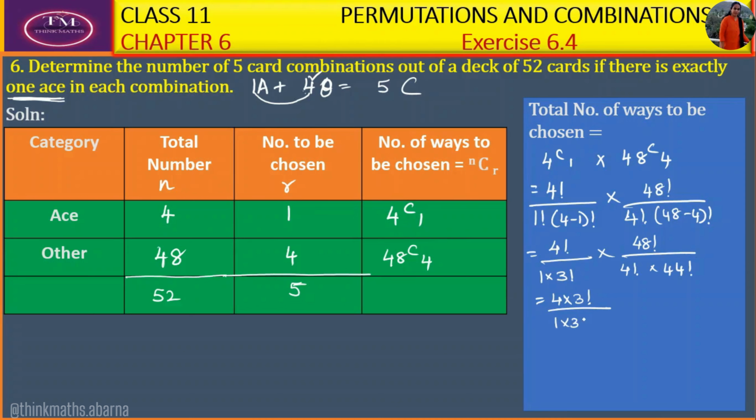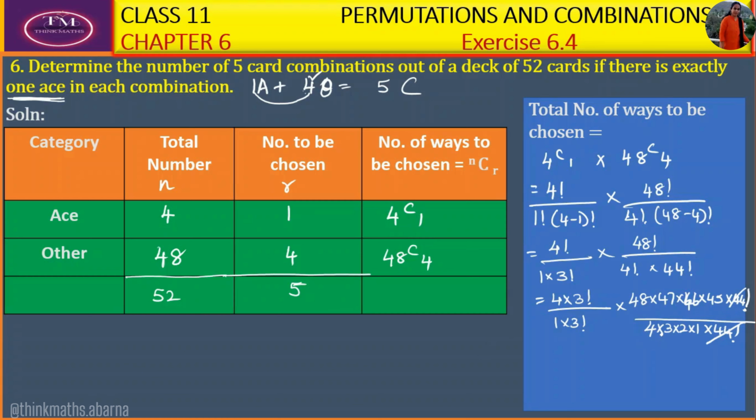So it is 1 into 3 factorial into 48 into 47 into 46 into 45 into 44 factorial. As we have 44 factorial in the denominator, we start with 44 factorial. So 4 factorial is 4 into 3 into 2 into 1 into 44 factorial. This 44 factorial gets cancelled and now we have these numbers.